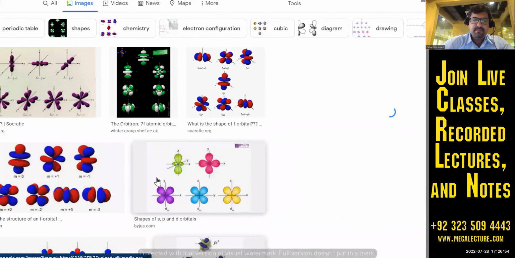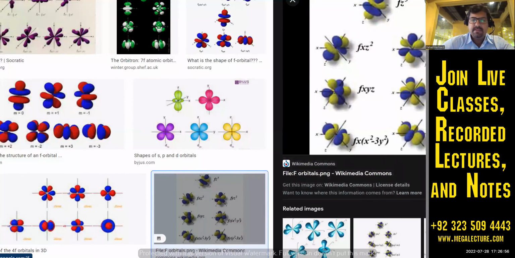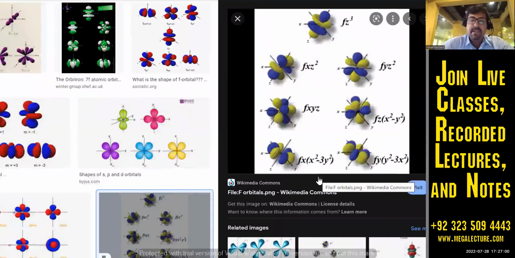That's how the negative charge would be spread around if it's in the F orbital. Okay, this is the one that I drew with 8 lobes, right? Very rarely will an electron be in the F orbital. Okay, so the negative charge would be spread in any one of the ways shown over here. So just keep a little idea of F.